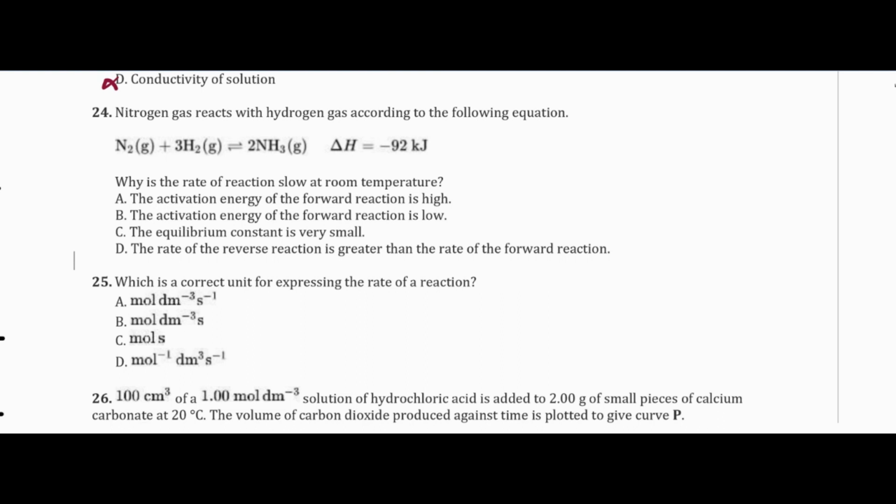It's taking us a long time to reach the activation energy because particles have less kinetic energy, they collide less frequently, so then we'll have a lower proportion of the ones that do collide, already a low number, to collide successfully with the correct orientation. So it must be A. The activation energy of the forward reaction is high, and that's why it's slow at room temperature.